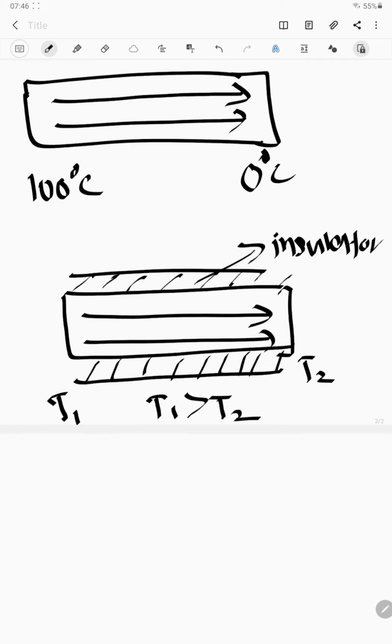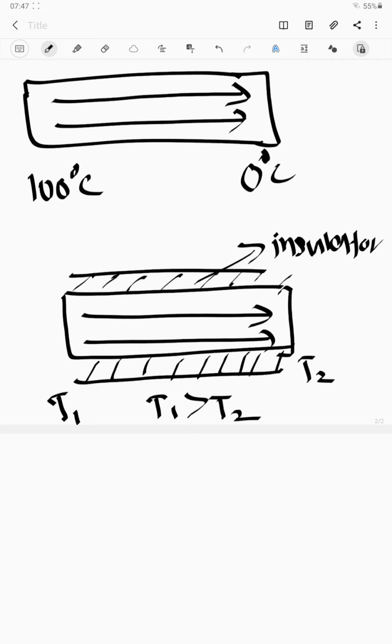So apa yang berlaku? Heat akan flow daripada T1 kepada T2 melalui rod itu sahaja, tanpa ada haba yang hilang di sekeliling dia.